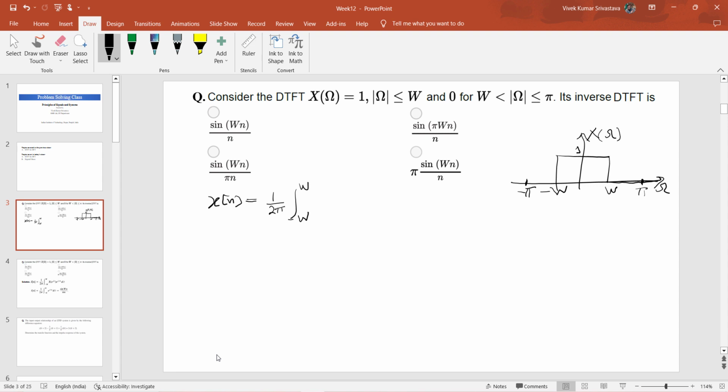So X of omega is 1 for the range minus W to W, and for the ranges W to pi and minus pi to minus W, its value is 0.